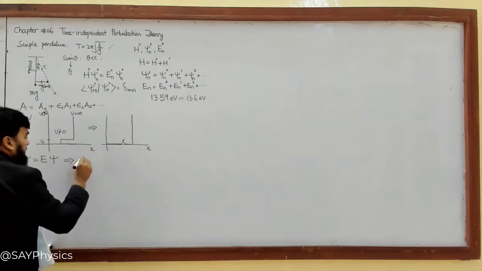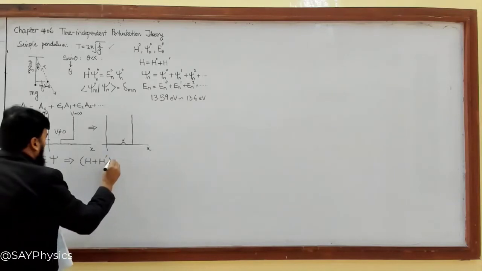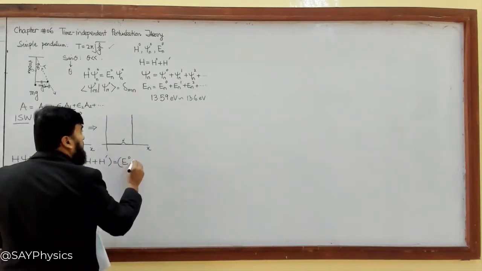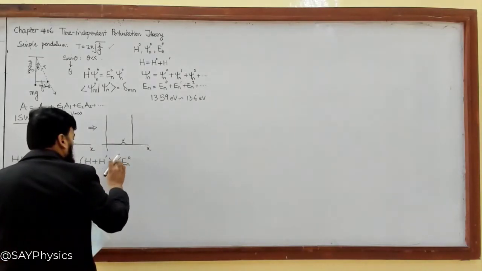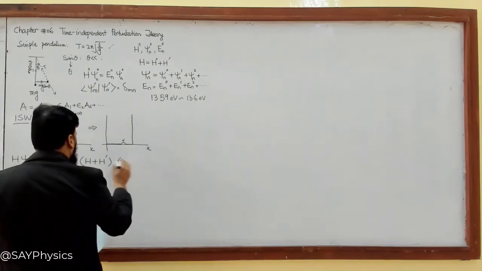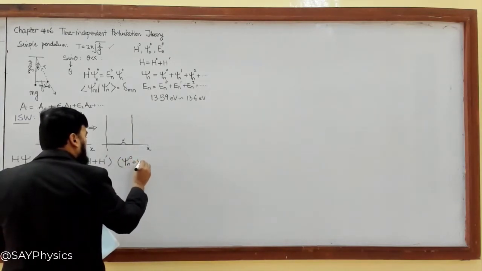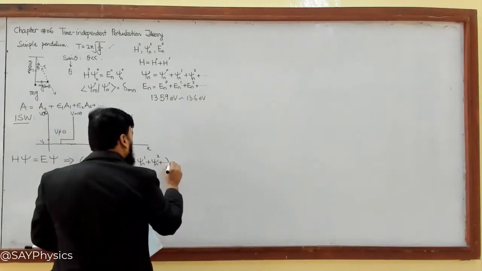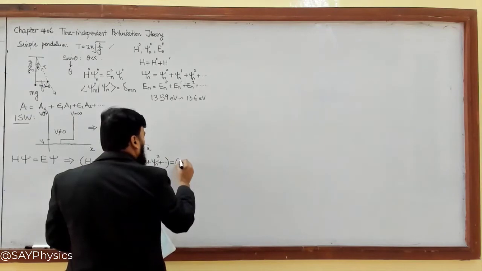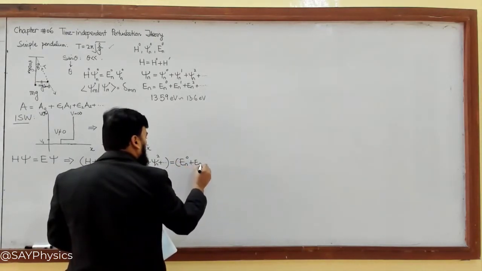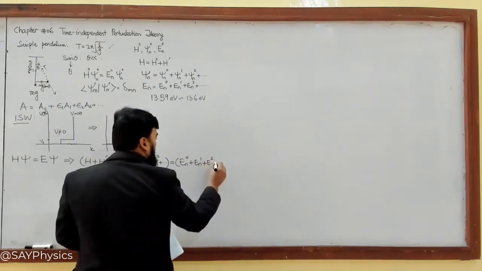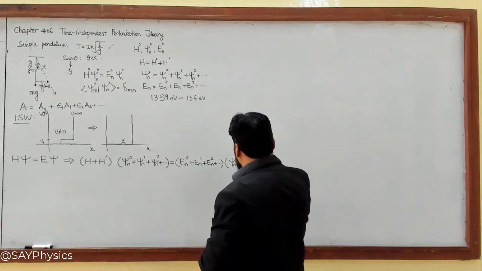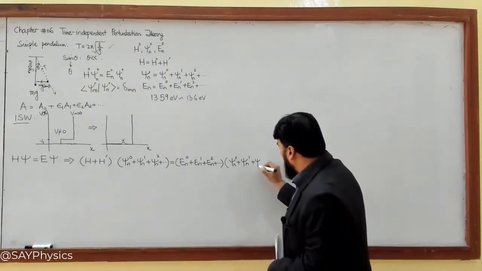This implies (H plus H prime) operates on psi n0 plus psi n1 plus psi n2 and so on, and this is equal to the energy terms En0 plus En1 plus En2 and so on, multiplied by psi n0 plus psi n1 plus psi n2.